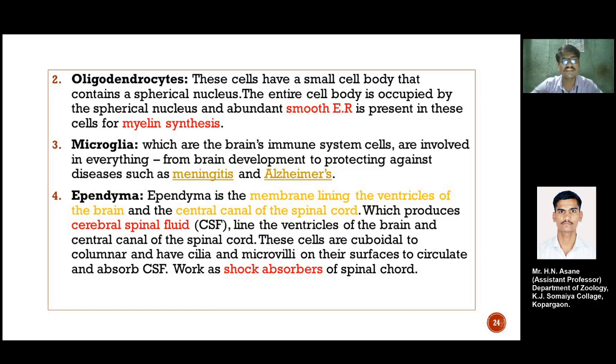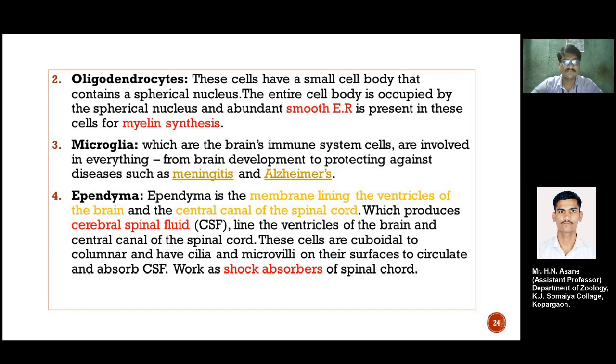This cerebrospinal fluid lines the ventricles of the brain and the central canal of the spinal cord. These ependymal cells are cuboidal in nature.